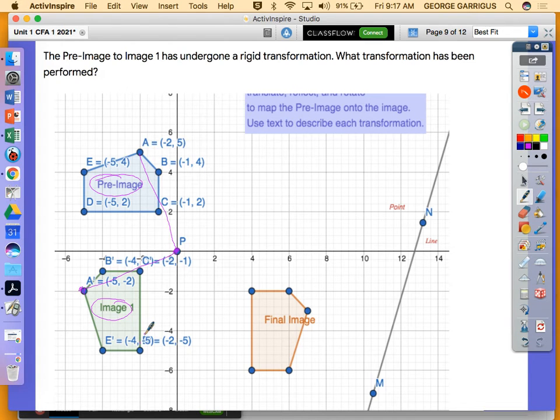That's not the case. If I translated it from here, the orientation wouldn't be right. So I need to rotate it 90 degrees, and in which direction?